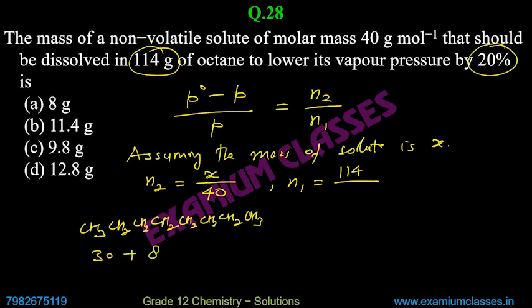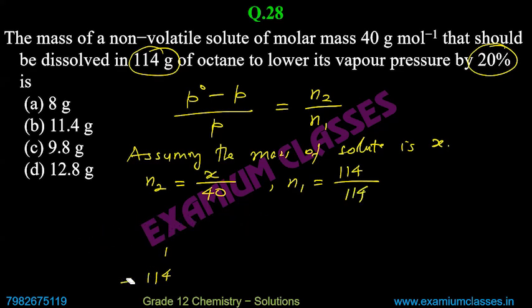Okay. 114. So it is 114 divided by 114, number of moles of octane. So N2 known in terms of X, N1 this one.